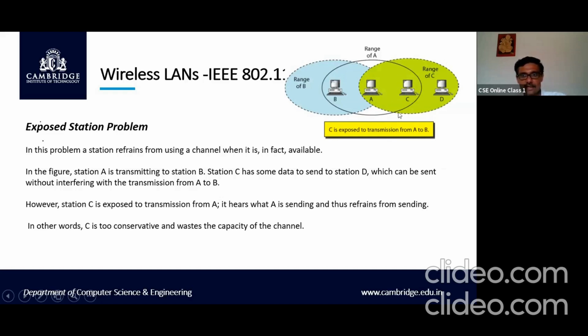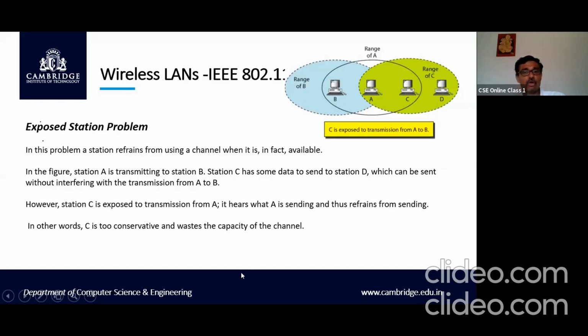It thinks that somebody is using the channel, not knowing that only B is using it. Though it can send a message to D, it cannot send because it is exposed. C thinks, I cannot send my frame. Of course, from the diagram you can see this can be transmitted.